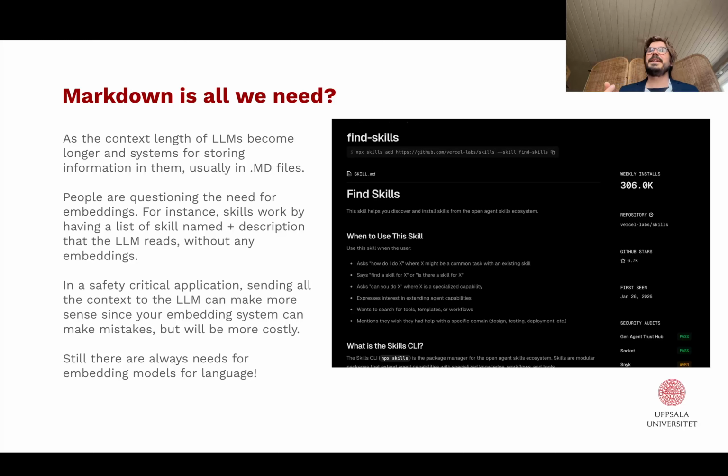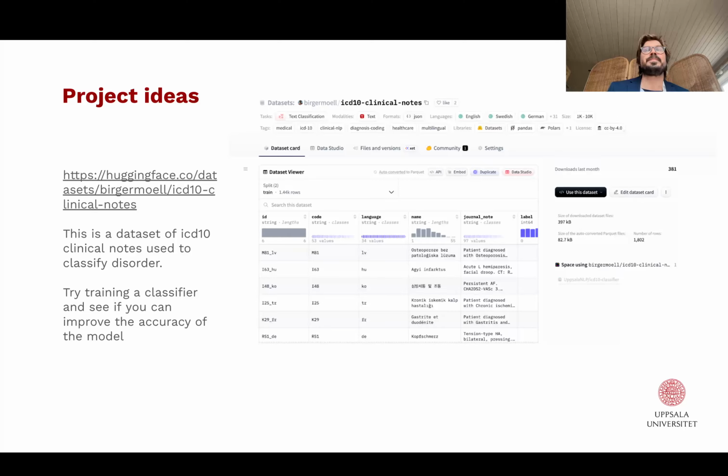So I would say that depending on your use case, embeddings can be great. Sometimes when you're using LLMs, you don't need embeddings. You can have another system that relies on markdown files or just text for the LLMs.